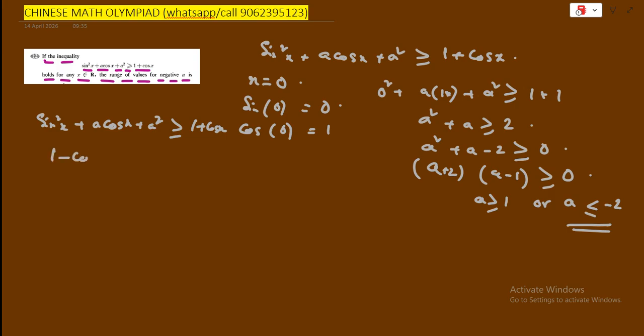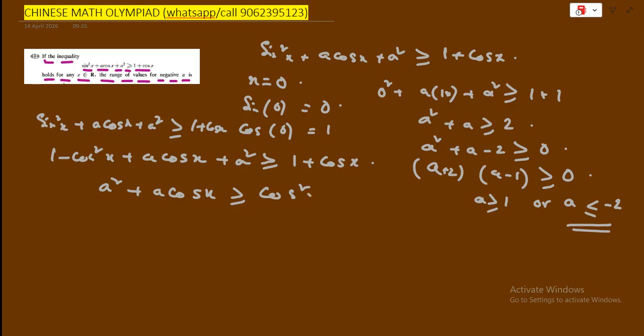So 1 minus cos square x plus a cos x plus a square greater than or equal to 1 plus cos x. Now subtract 1 from both sides and move the cos square x to the right. So we get a square plus a cos x greater than or equal to cos square x plus cos x, right?